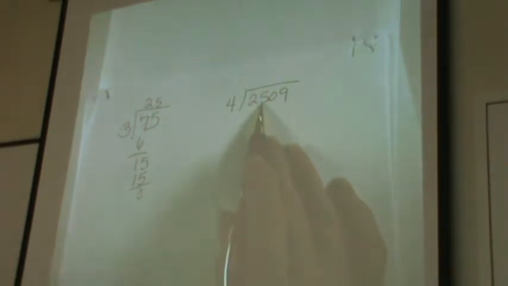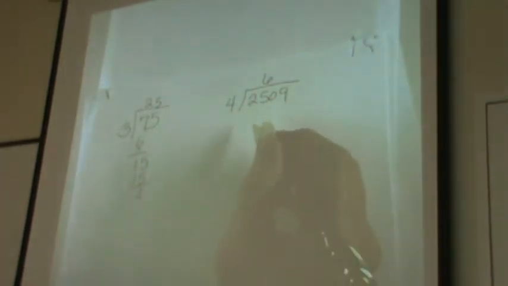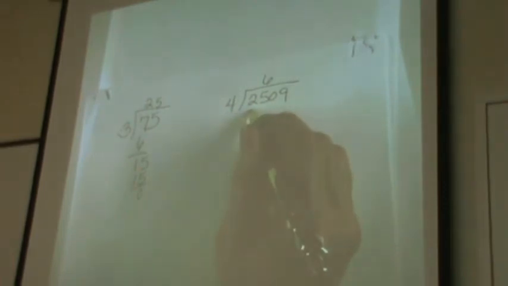So if you have one like dividing 4 into 2509. 4 into 2 you cannot do, right? So don't put a number above the 2. 4 into 25. 6. 6 times 4 is 24.